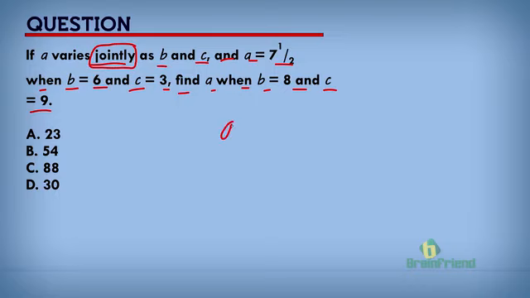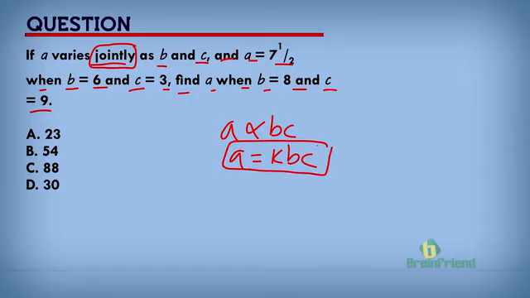So A varies jointly as B and C. So A is KBC. And we said that A is 7.5 when B is 6. So our equation of relationship we've written as this. Next, we try to find a value for K. K will be A all over BC.